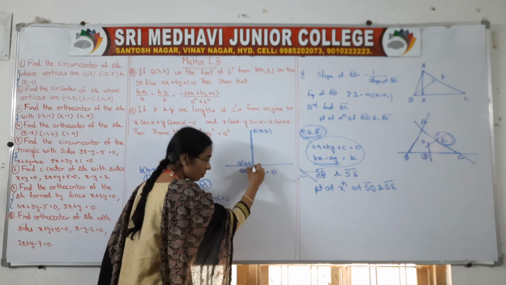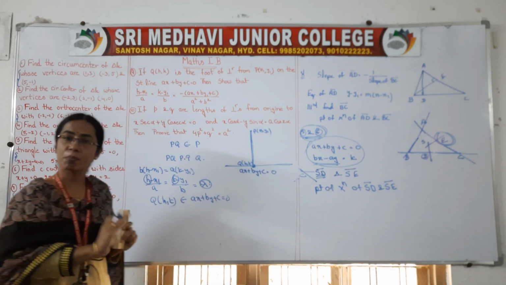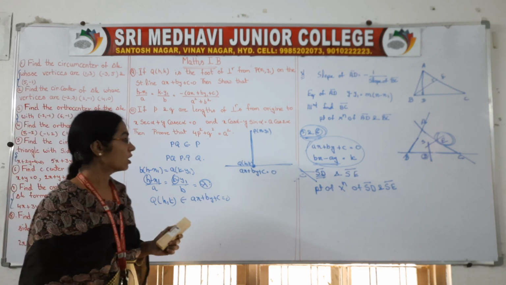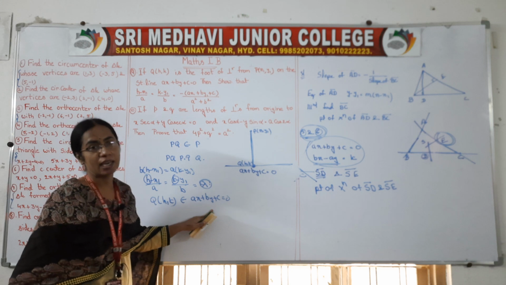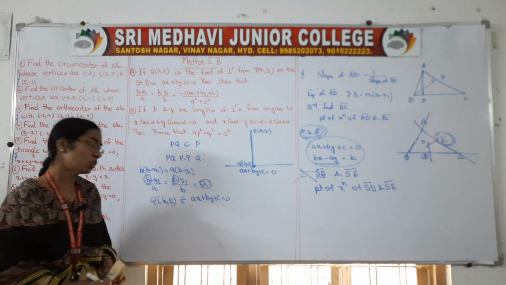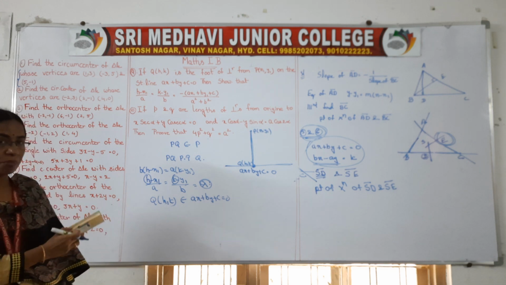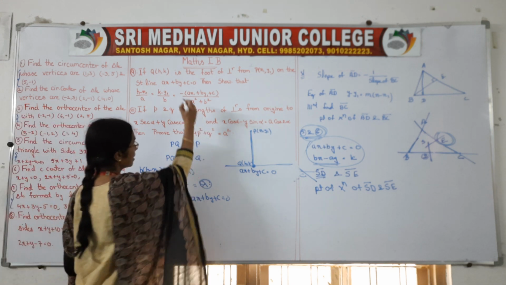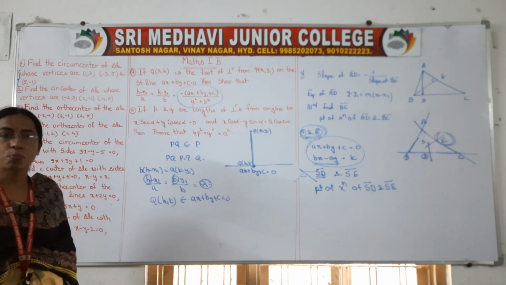Q lies on PQ as well as on Ax + By + C = 0. So you substitute in that line equation, you will get your lambda. Once you have lambda, substitute, and you will get your proof.